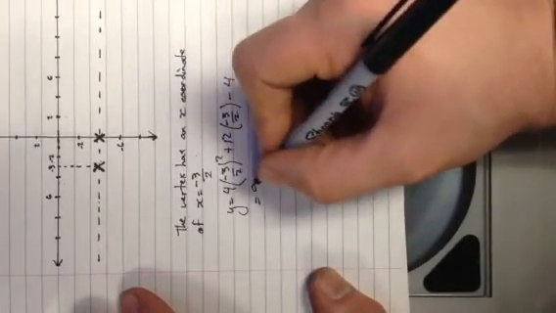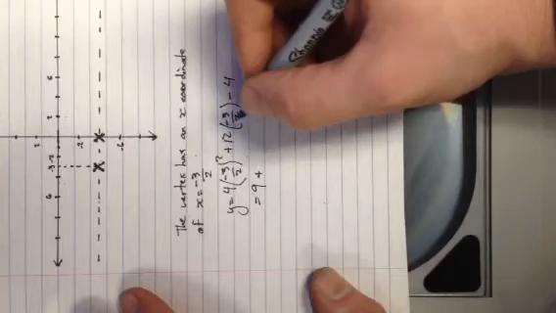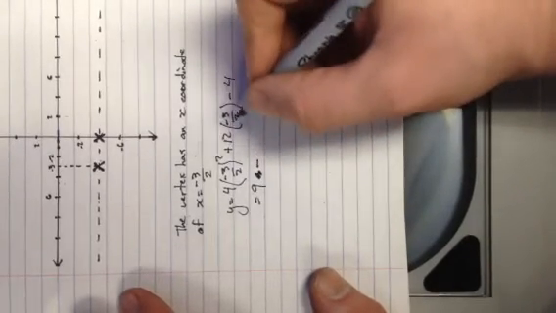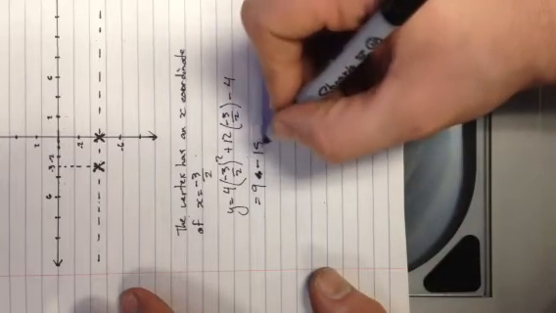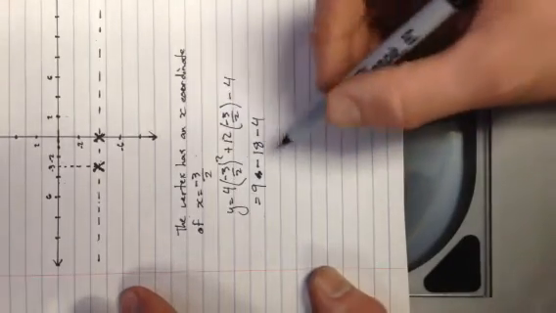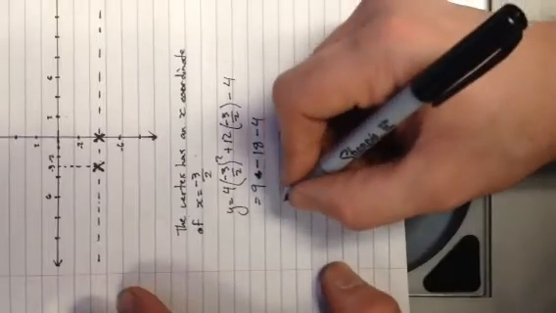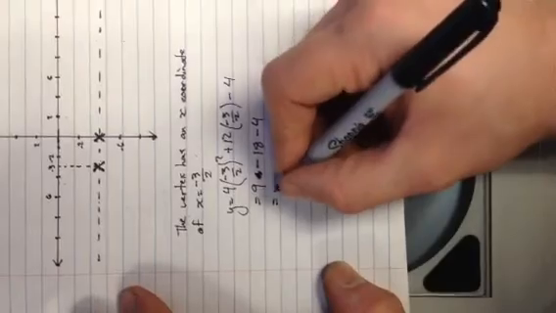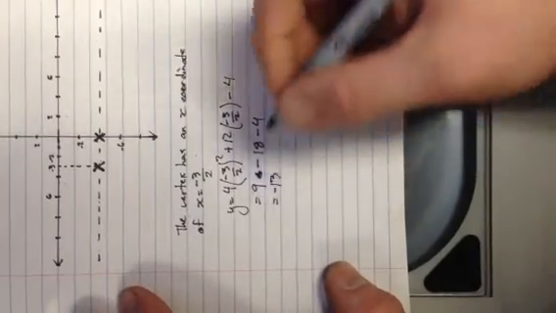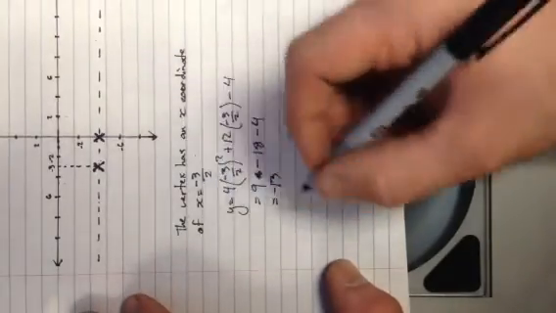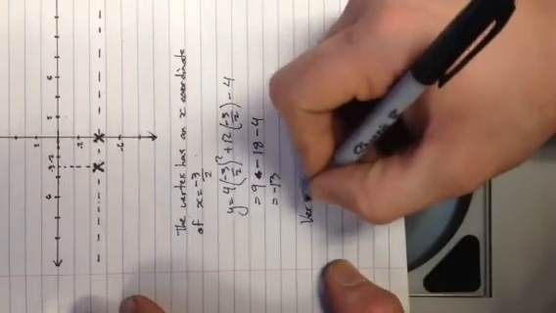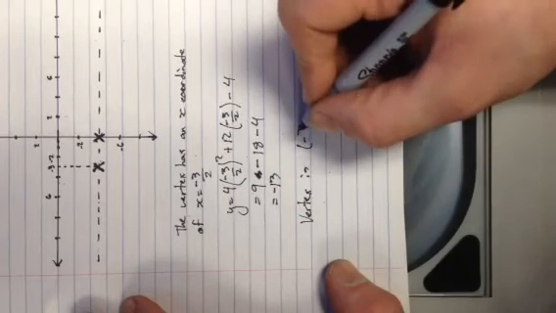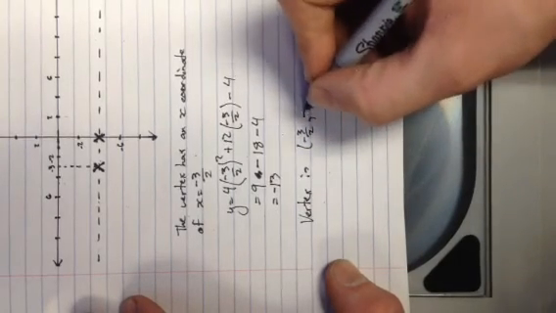It's going to be 9 minus 18 minus 4. And simplifying that, 9 minus 18 is negative 9, minus 4 is negative 13. And so the y-coordinate of the vertex is negative 13, so my vertex is at negative 3 over 2, negative 13.